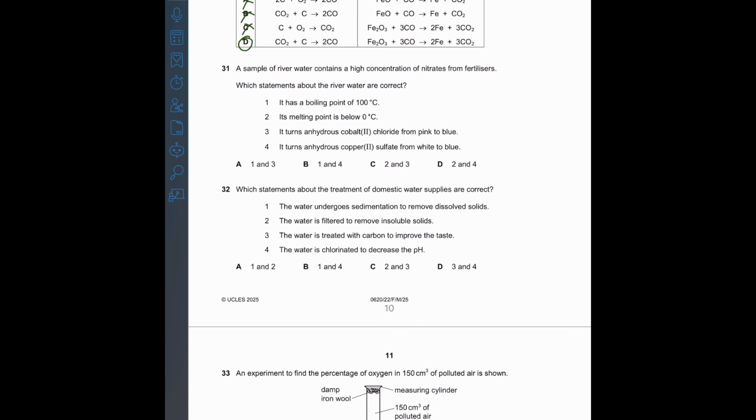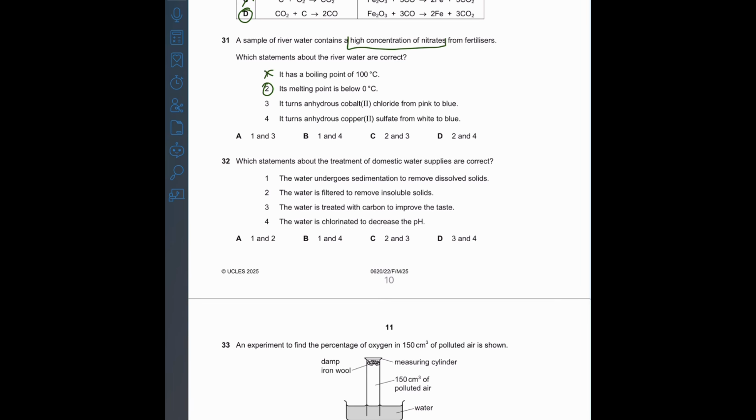If it has a high concentration of impurities, the boiling and melting points will change, meaning it's not 1. 2 is right because the melting point and boiling point will change, and the melting point is below 0, so that is correct. The melting point is not normal here.